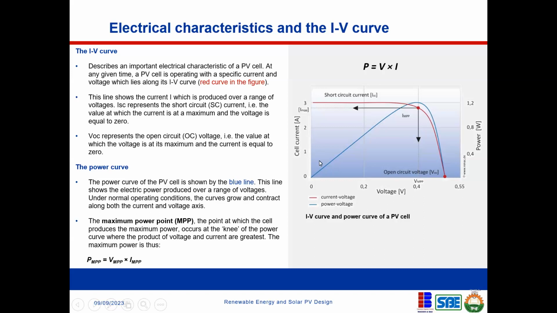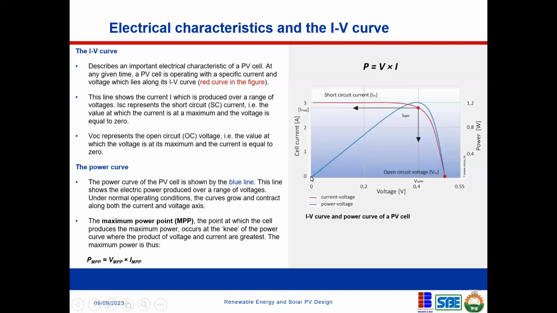When you look at the voltage side, at the point where you have the maximum voltage and your current is zero, that is your open circuit voltage, or VOC. The definition of open circuit voltage is where you have your maximum voltage but your current is zero.